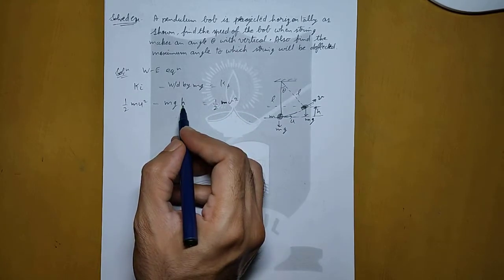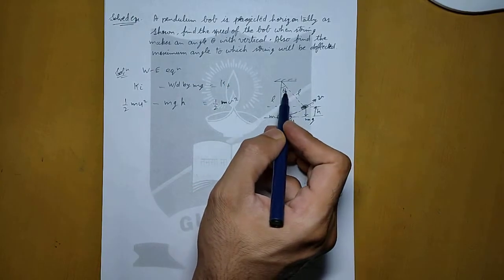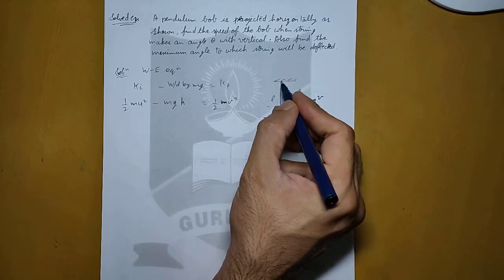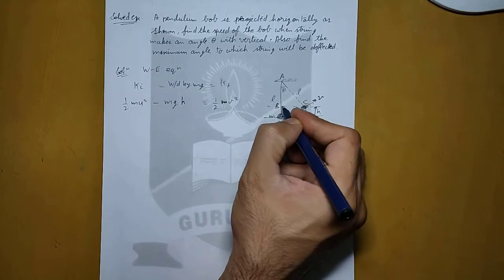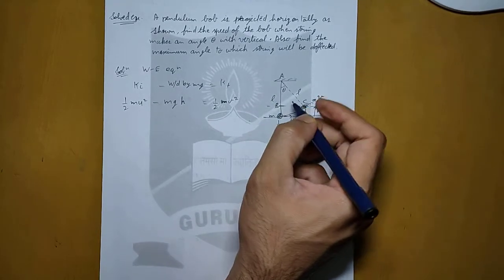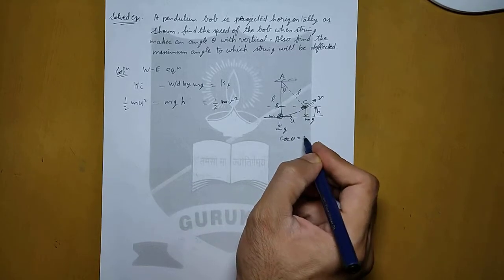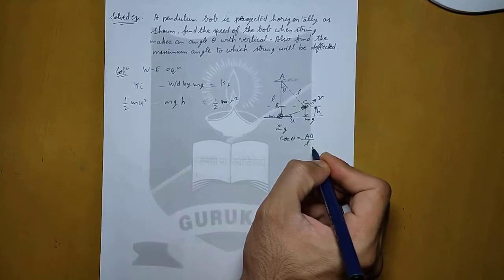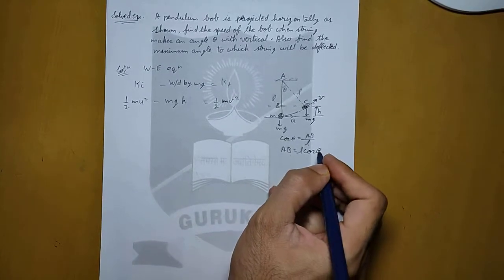Now h can also be expressed in terms of L and theta, because we have to use theta to get the value of v. So let us say in this triangle, triangle ABC, if we find cos theta, then cos theta will be equal to the base AB upon the hypotenuse, which is L. So AB will be equal to L cos theta.